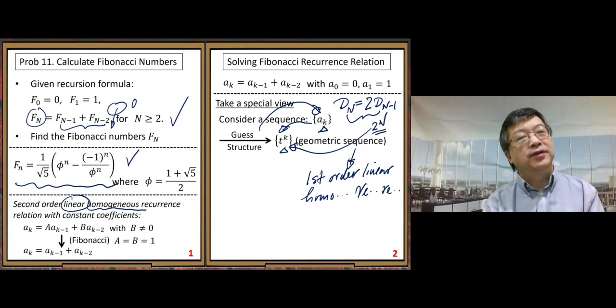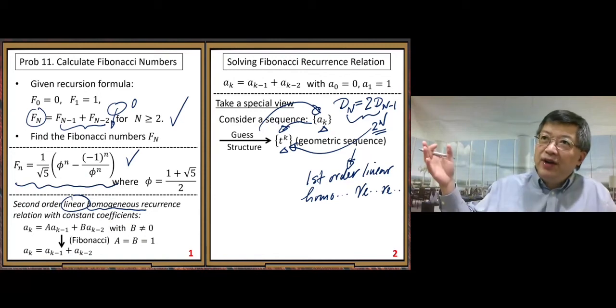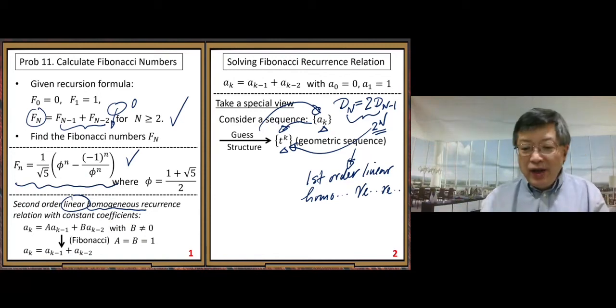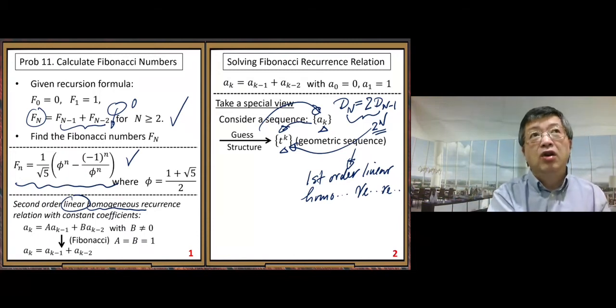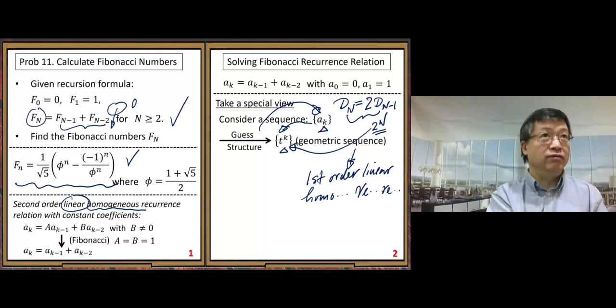So at least that's the right structure for first order. But for second order, we don't know. It could be the same structure, could be a different structure. We don't know.